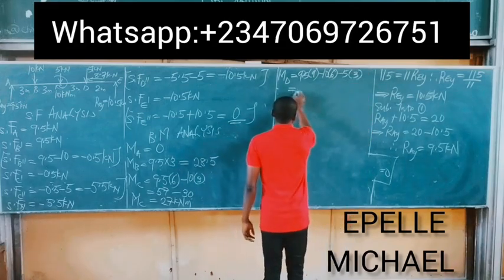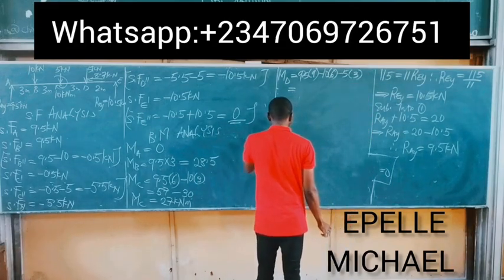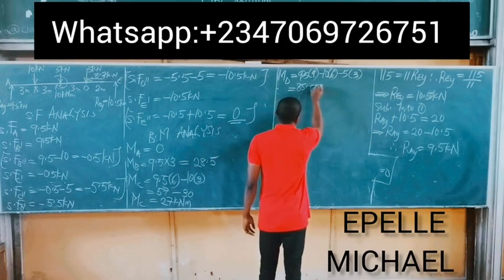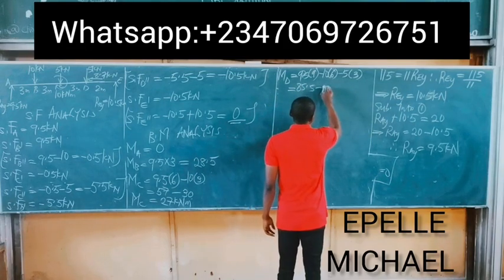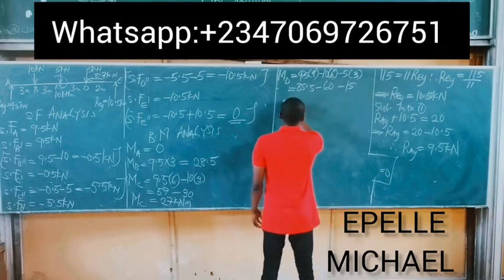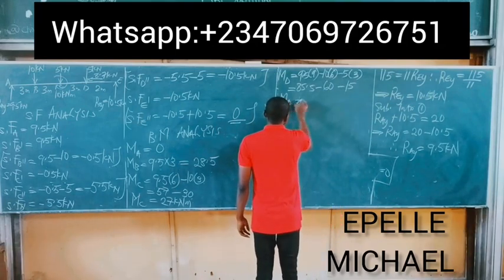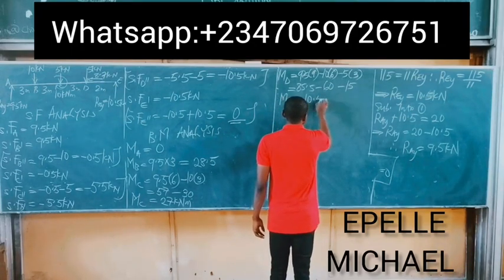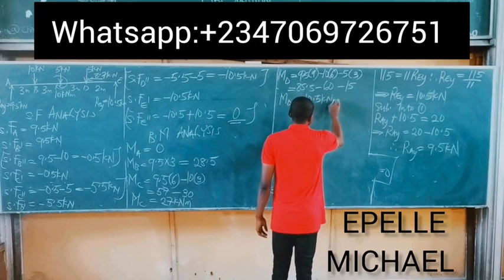So this is equal to 9.5 times 9, which is 85.5, minus 10 times 6, which is 60, minus 5 times 3, which is 15. That implies moment at point D is equal to 10.5 kilonewton meters.